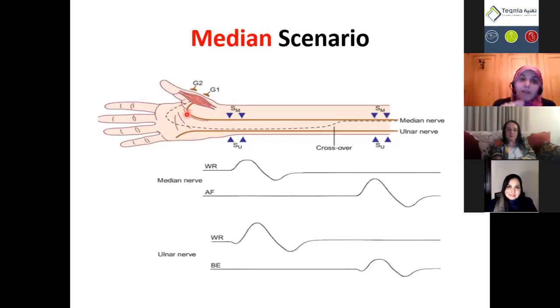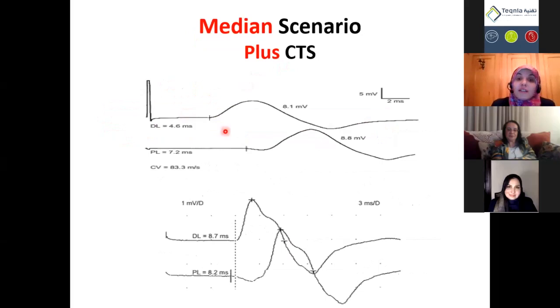It's a far field from the ulnar innervated muscle. So sometimes you see just a positive dip. Sometimes it arrives later, and you have a very fast conduction velocity, but it's not calculated properly. This one has a way that is blocked, and this one has a way that is very fast.